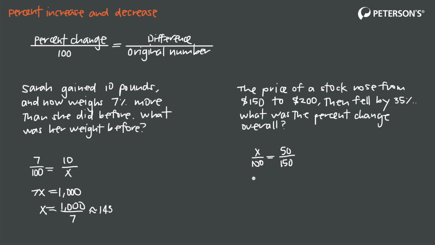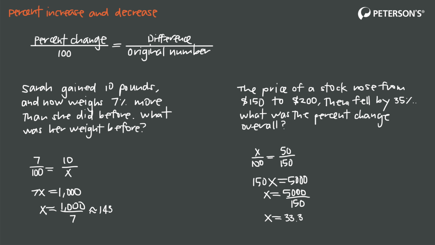Then we cross multiply and we get 150 times x is equal to 100 times 50, or 5,000. Then we divide both sides by 150 and we get 5,000 divided by 150, and we get x is equal to about 33.3, which means that our percent change, because that's what we were solving for, was about 33%.